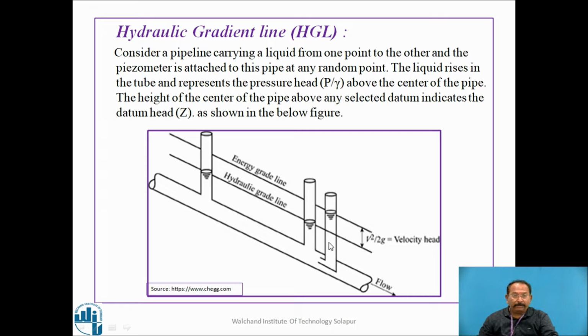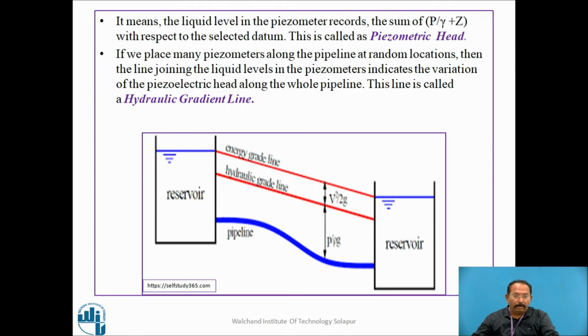Particularly we see this difference in the verification of Bernoulli's theorem, in which we have some number of tubes like 7, 9, 11, 13, and once we start the flow, we can see the level of the water rising in the piezometric tubes.